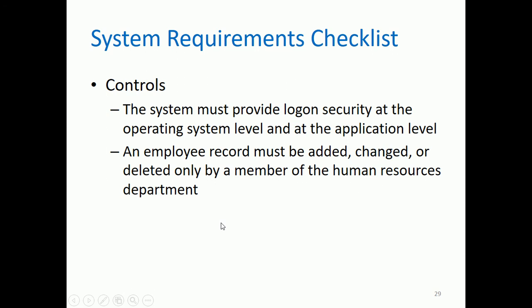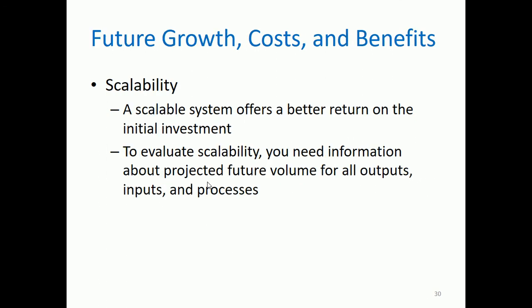So, an employee record must be added, changed, or deleted, you can consider a process. But because you added "only by a member of the human resources department", this is classified as a control, because only members of the human resources department can add, change, or delete. So these two are example statements for controls in a system requirements checklist.